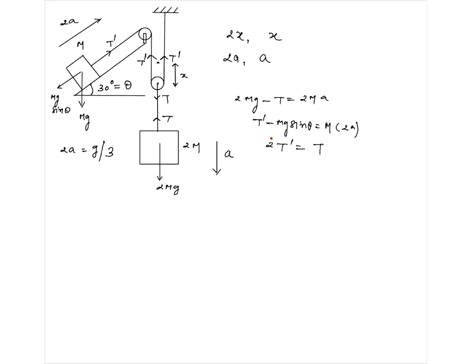Make use of the third equation where T is 2T dash. Put T equal to 2T dash in the first equation: 2mg minus 2T dash equal to twice ma. Now forget about the third equation. The first and second equations are two equations in two variables. I think you should know how to solve that.